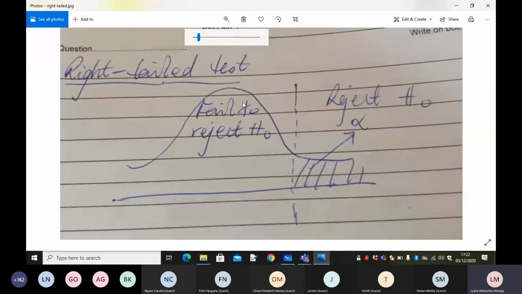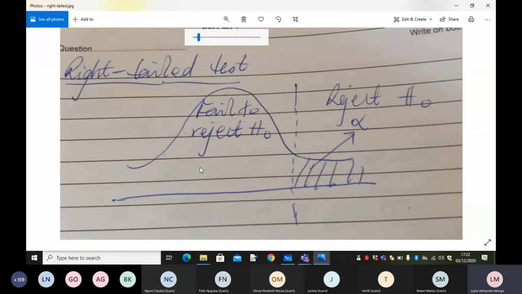Now, the rejection region is to the right, the shaded region. It is of size alpha. The shaded line denotes where the critical value lies. And then to the left of the critical value, we have the non-rejection region.